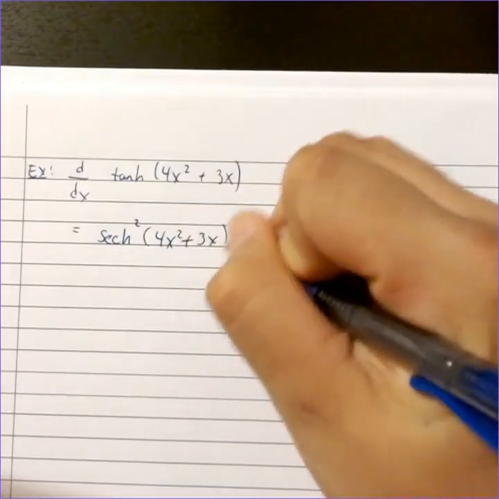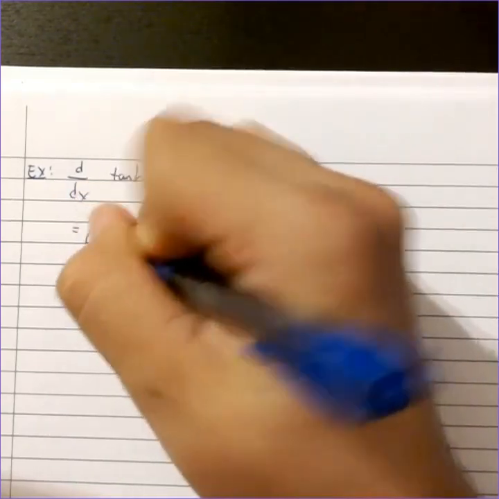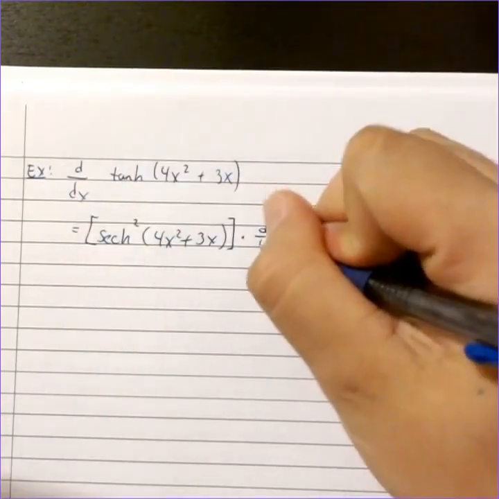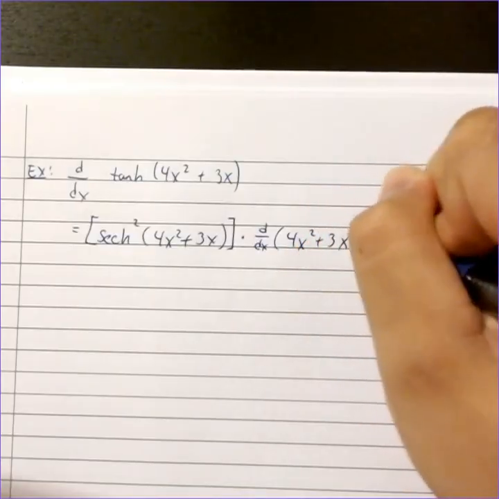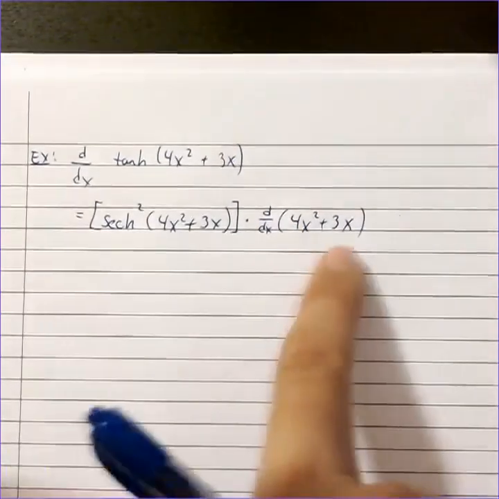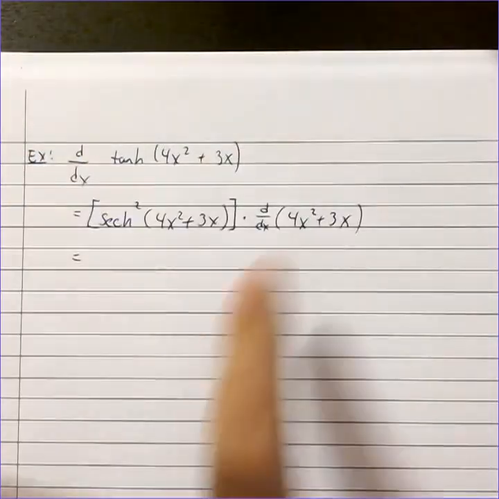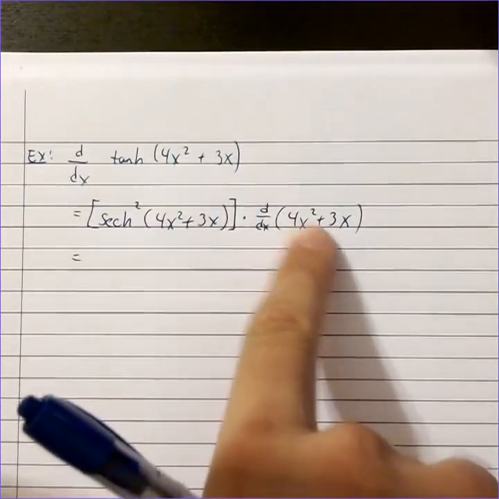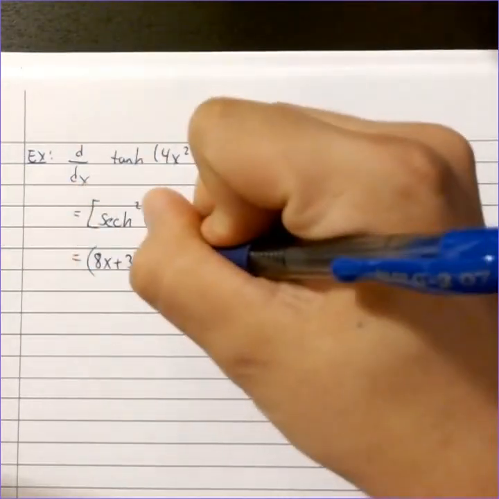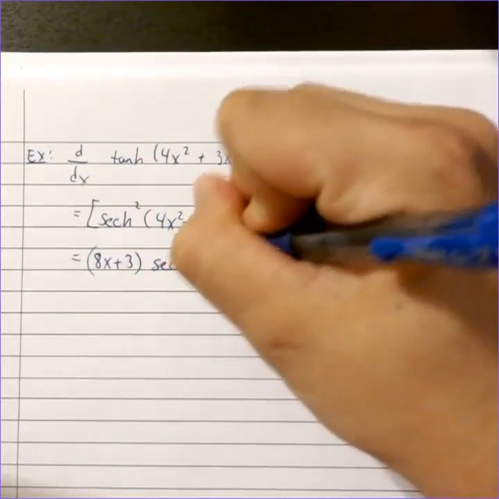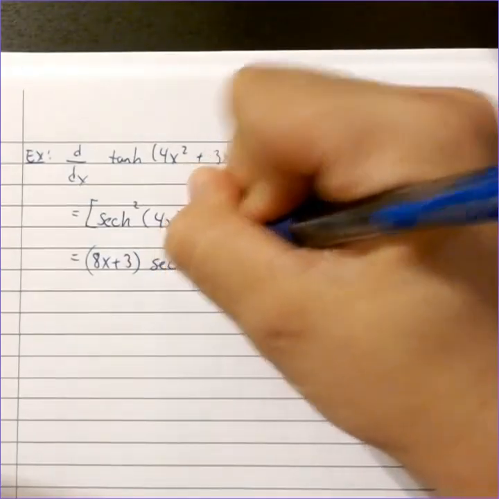Oh, but now because of the chain rule, I now need to multiply this times the derivative of this. Oh, okay, but the derivative of that is simple. The derivative of a polynomial. So here we're left with what? 8x plus 3 times sech squared of 4x squared plus 3x. And there we go.